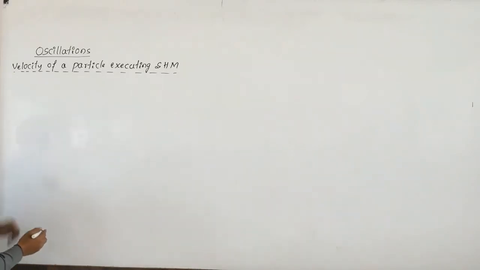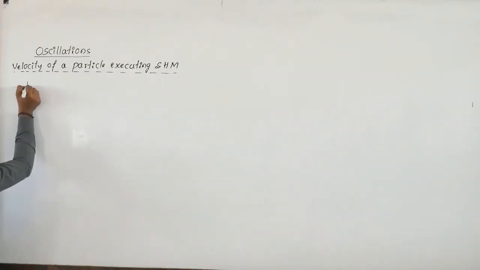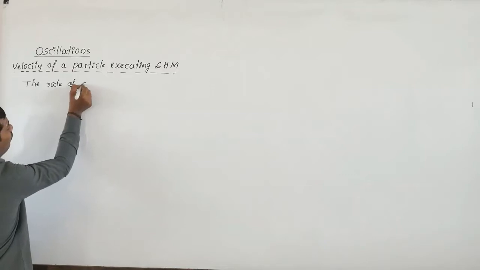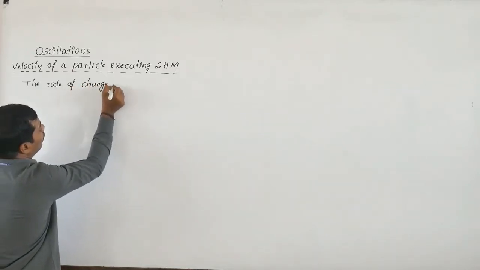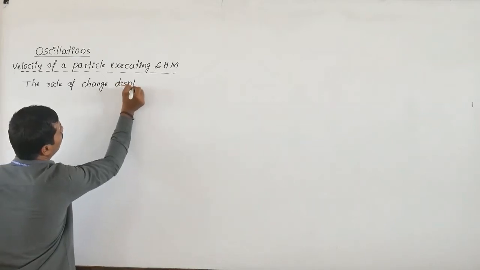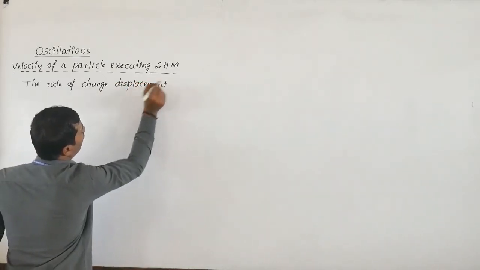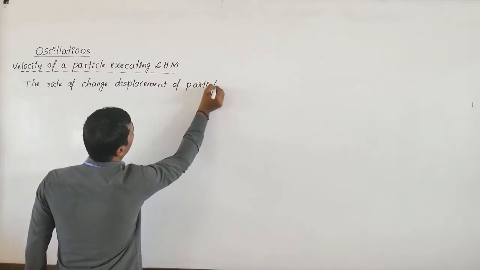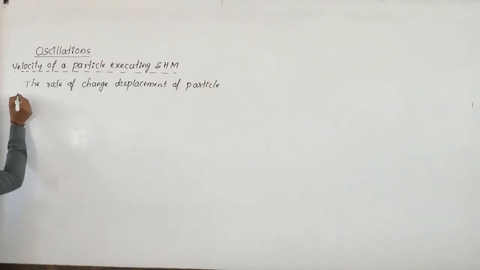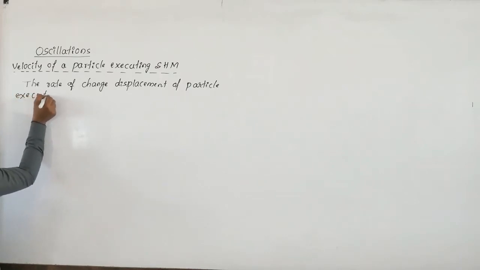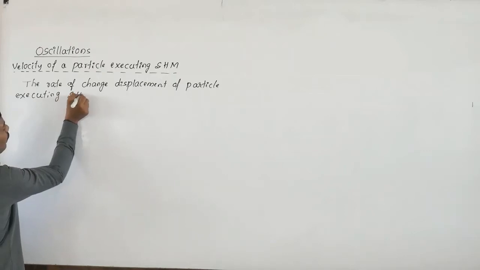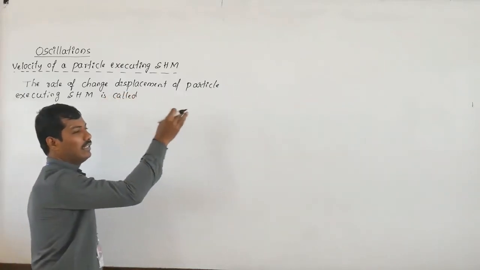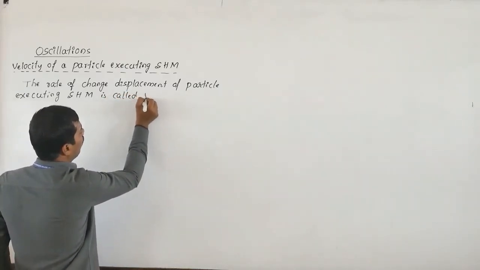Now its definition: the simple definition is the rate of change of displacement of a particle executing simple harmonic motion is called velocity, at a certain instant of time.